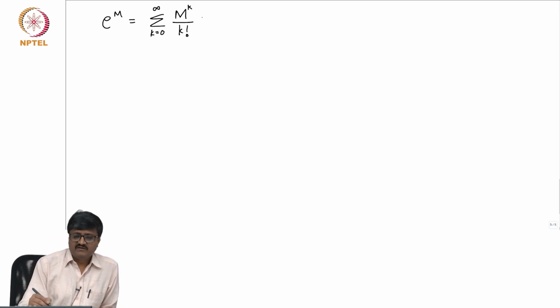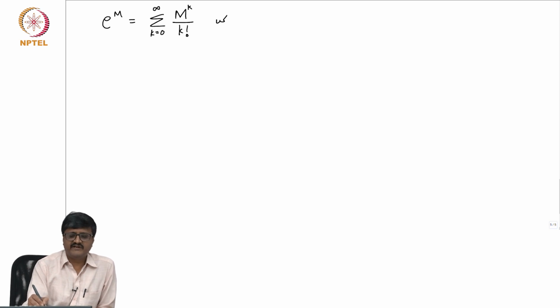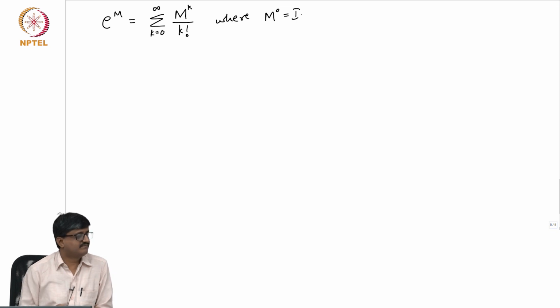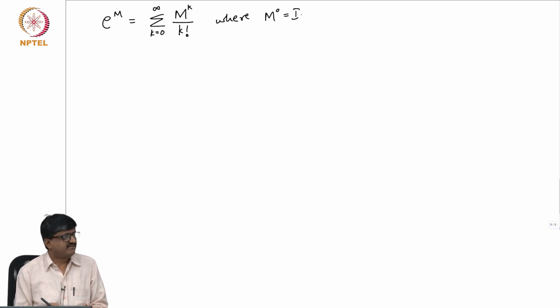You know what M raised to k is? M raised to 1 is M, M raised to 2 is M into M, M raised to 3 is M into M into M. What is M raised to 0? By definition, M raised to 0 is the identity matrix. So this is the definition of the matrix exponential.